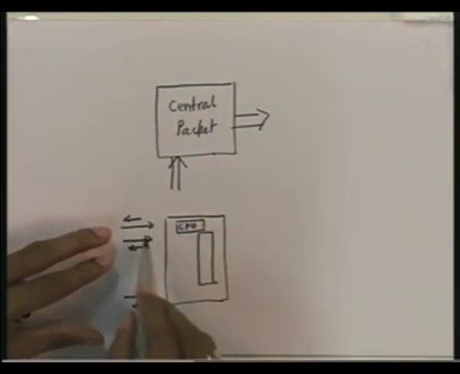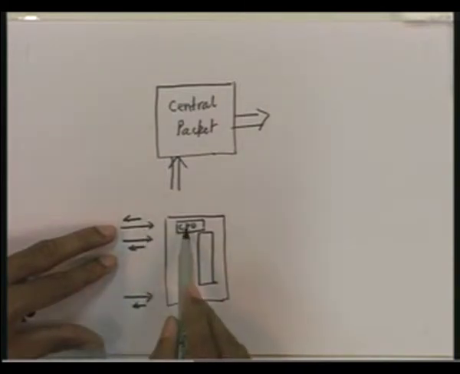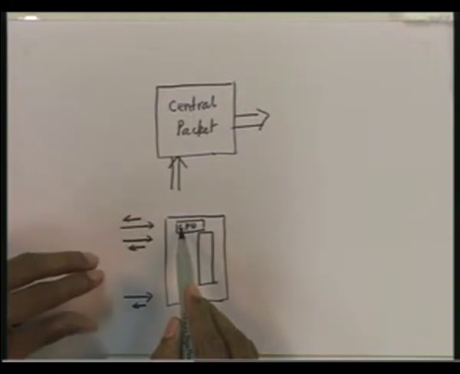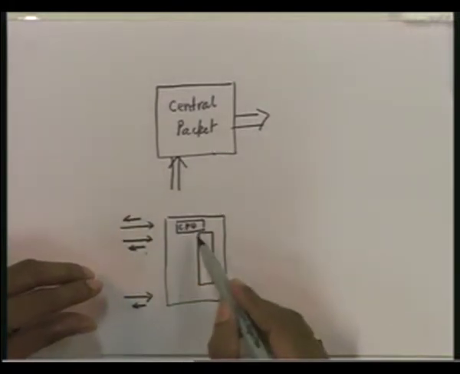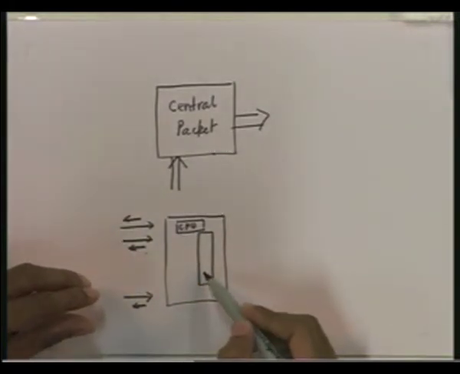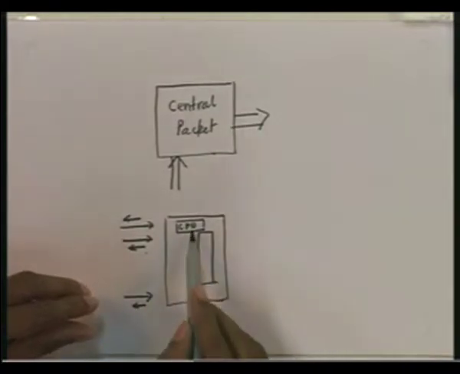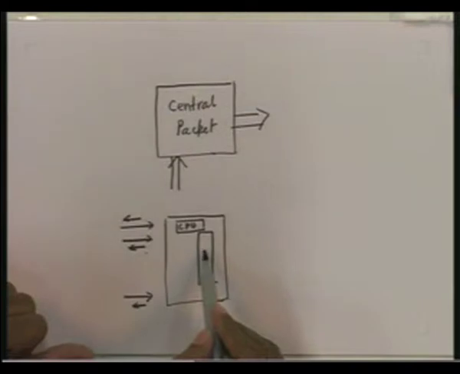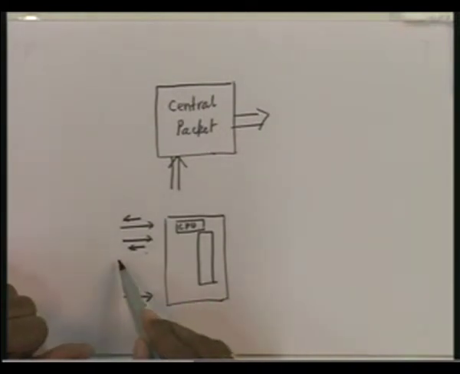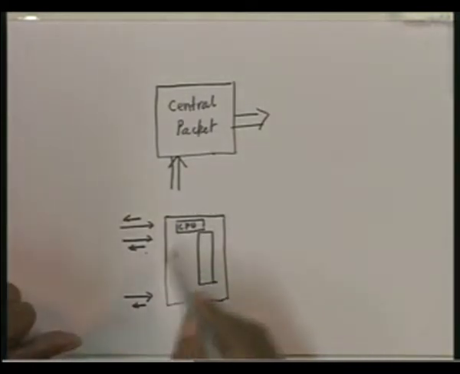So what used to happen is that the header of the packets will go to the general purpose CPU to make a decision where the packet needs to be switched to the output port, while the packet is stored in the buffer or the memory. And once the CPU determines where the packet needs to be switched, it will read out the packet from the memory, and then it will put it onto the output ports. So this was the earlier generation of architectures.